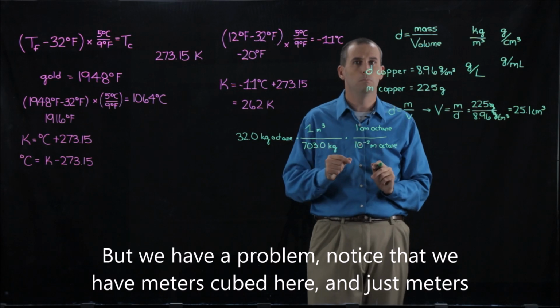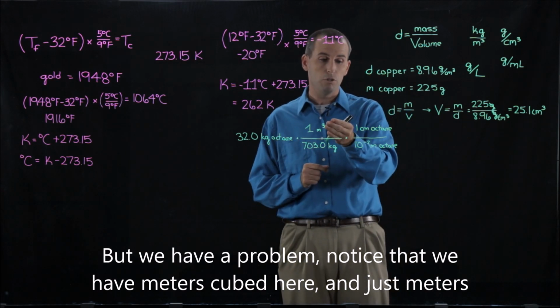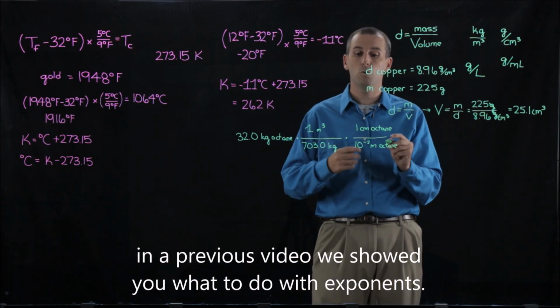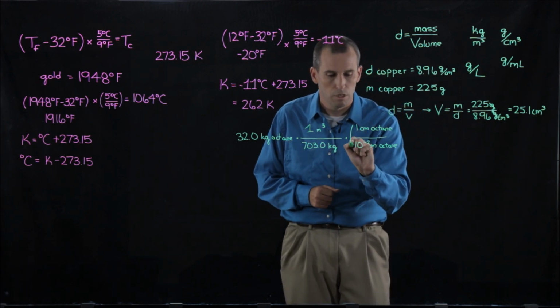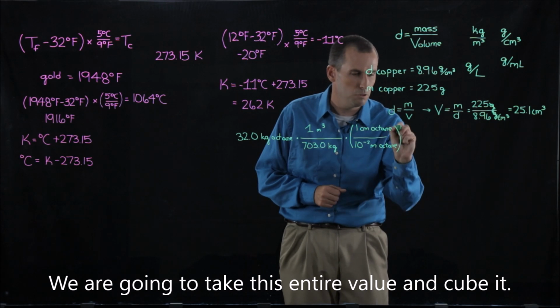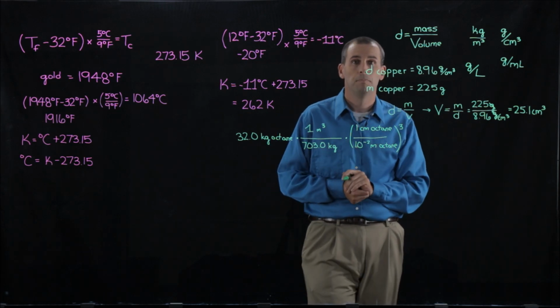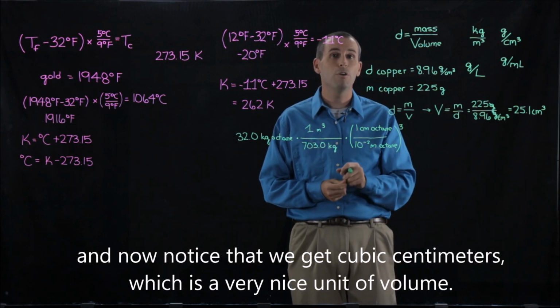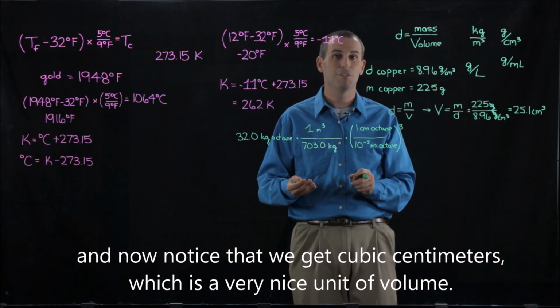But we have a problem. Notice that we have meters cubed here and just meters. In a previous video, we showed you what to do with exponents. We are going to take this entire value and cube it. This will give us meters cubed, which will allow us to cancel. And now notice that we get cubic centimeters, which is a very nice unit of volume.